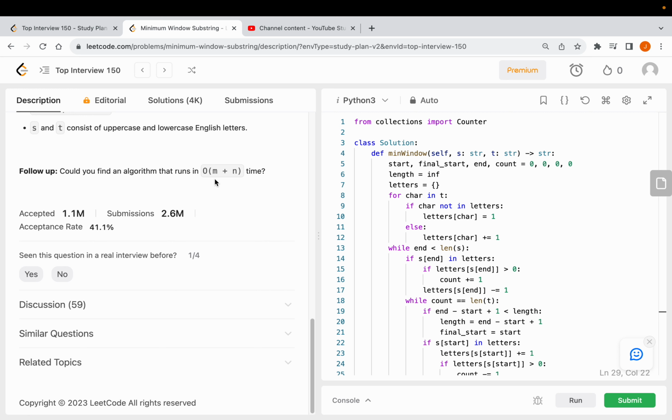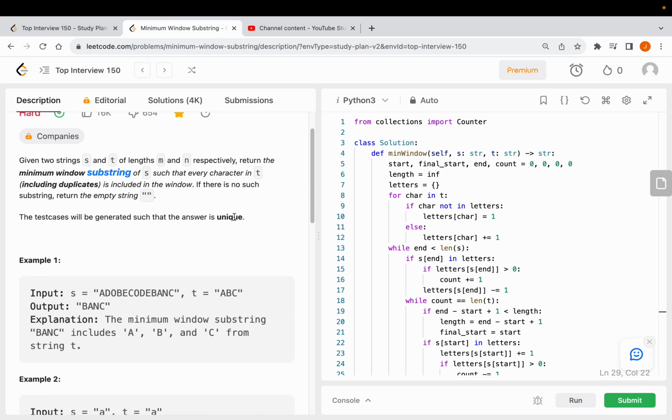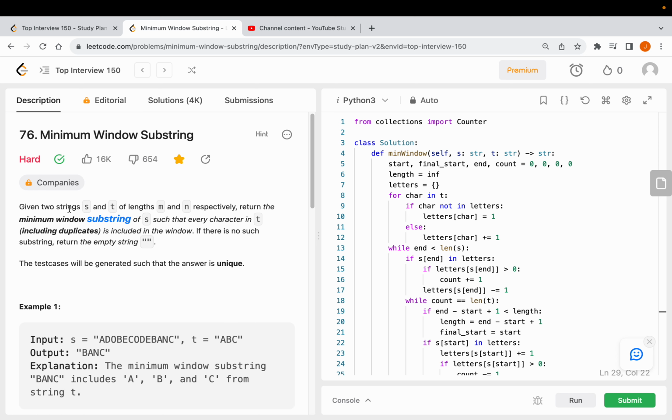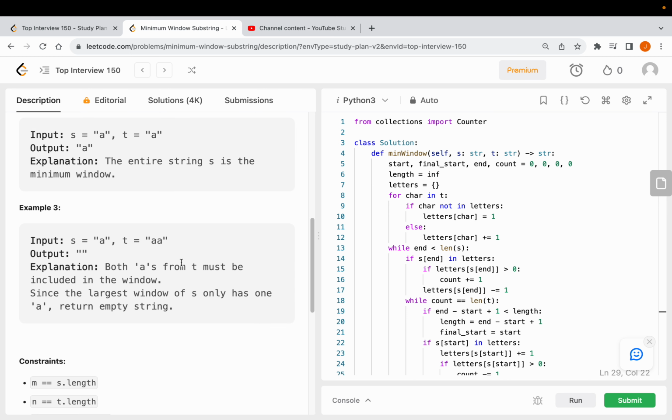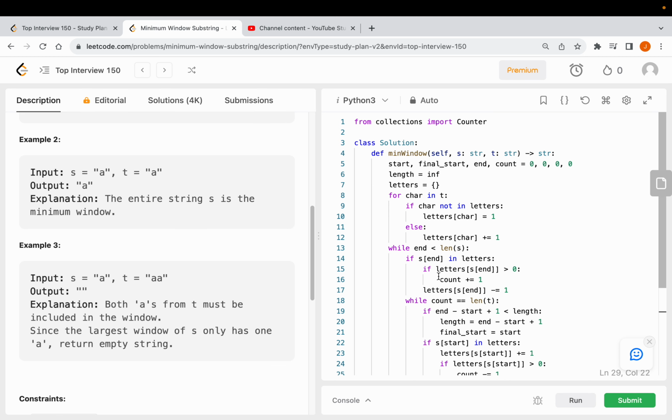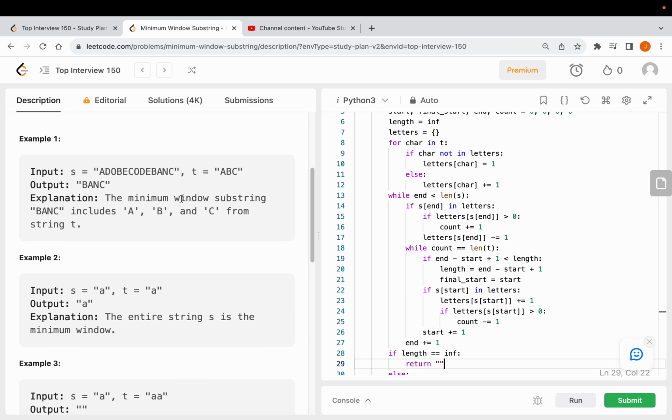Could you find the algorithm that runs in O(m plus n) time? So the sum of those two lengths. So what is the time complexity for this algorithm? We are traversing like this.